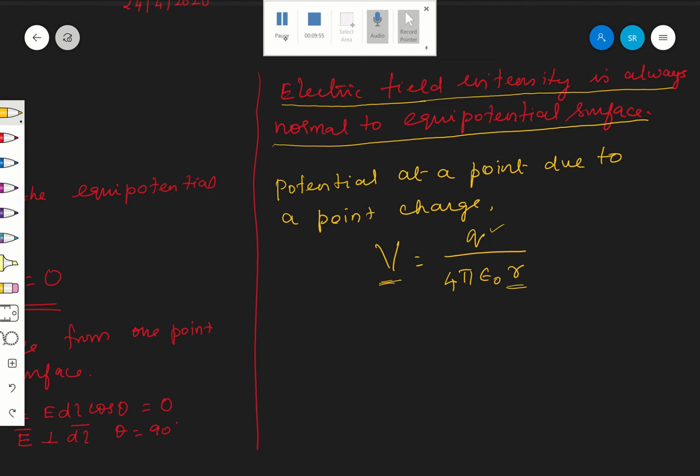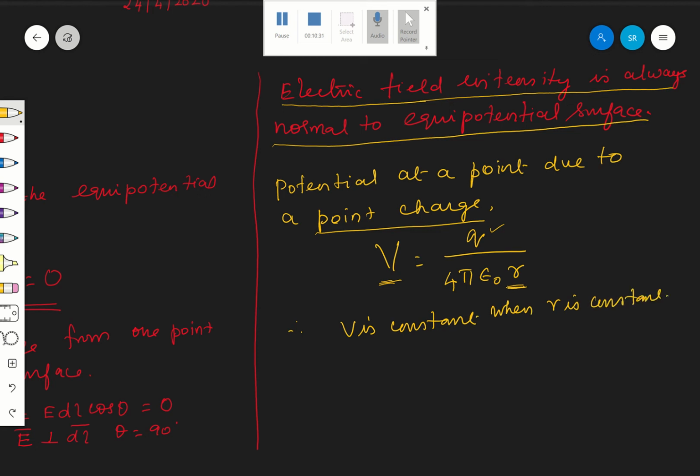This is only for a point charge, I am telling. As long as r is the distance of the point from the source q, as long as r is constant, V is also constant. What do you mean by it? Equipotential surface, therefore, V is constant when r is constant, correct?